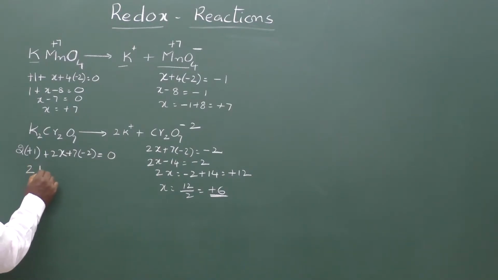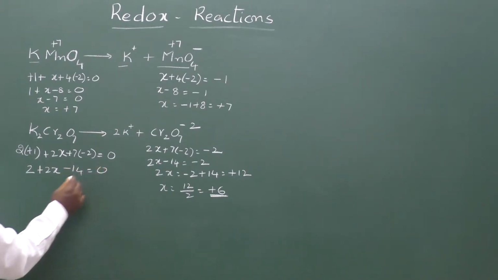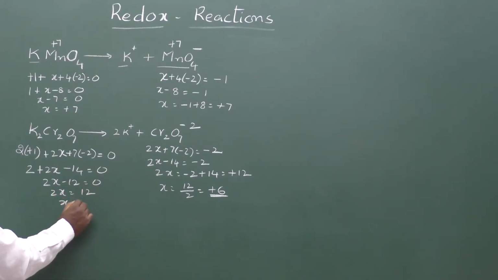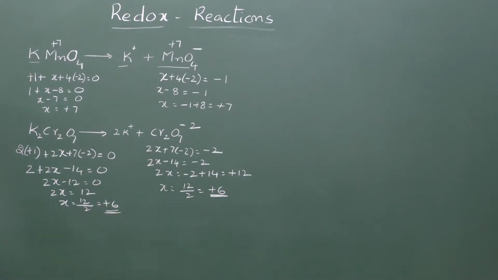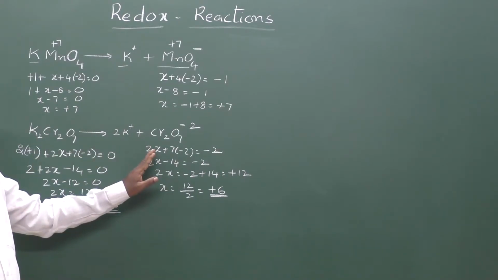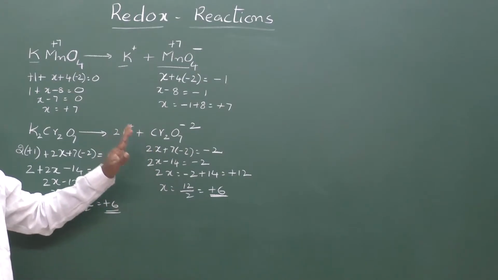So 2 + 2X - 14 = 0, 2X - 12 = 0, 2X = 12, X = 12 by 2, that is +6. So in K2Cr2O7 or in Cr2O7 2-, chromium oxidation state is +6.